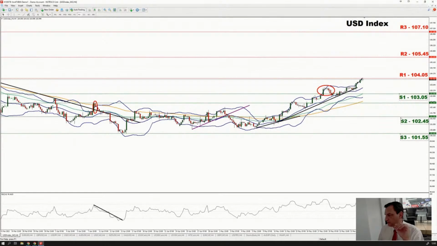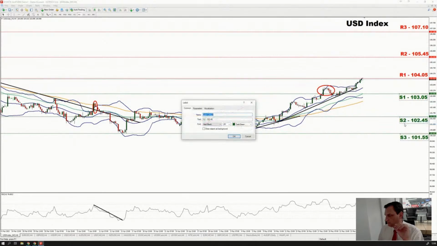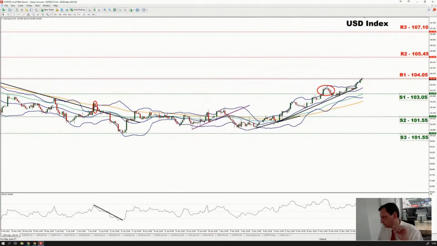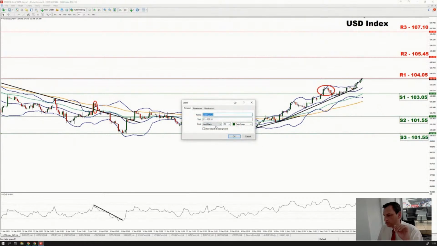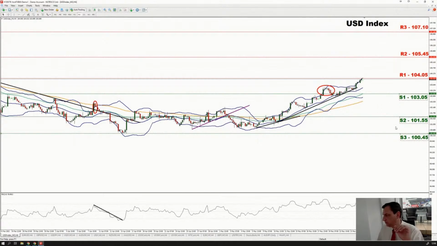So let's switch that. And the S3 at 100.45. Locking this in. Here we go.